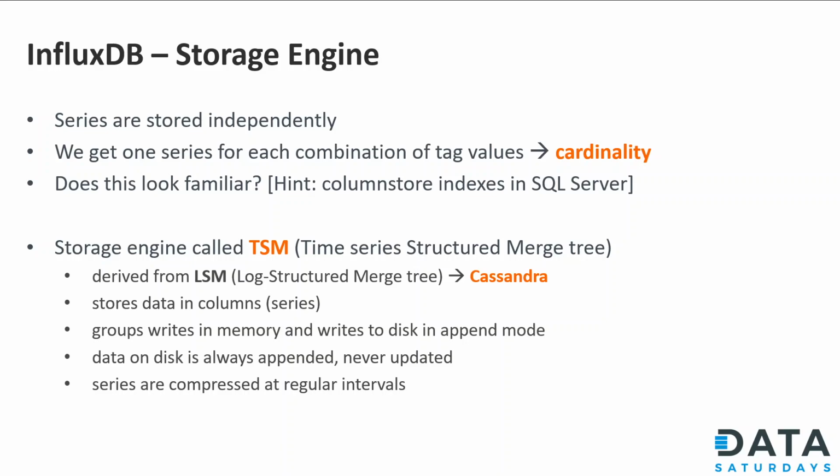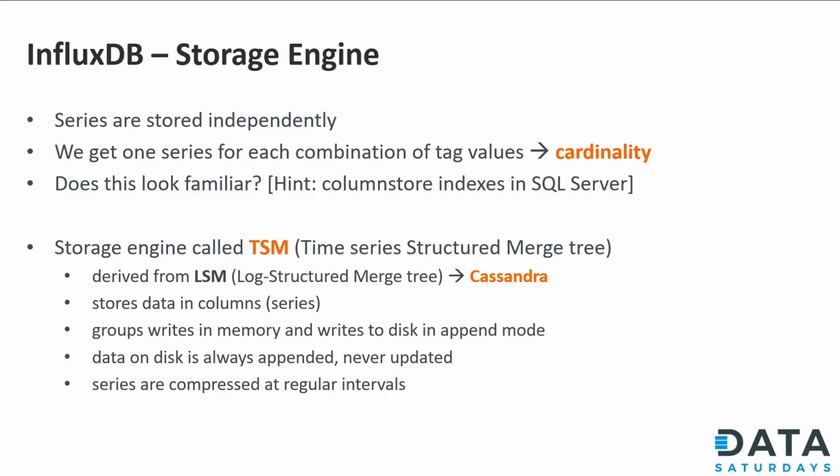The higher the cardinality, the more series we will get, and thus that is less efficient than having a smaller cardinality. Does it look familiar? It does. It's what happens in column store indexes. The smaller the cardinality for your columns, the better the column store compression. So this gives away what is under the hood.